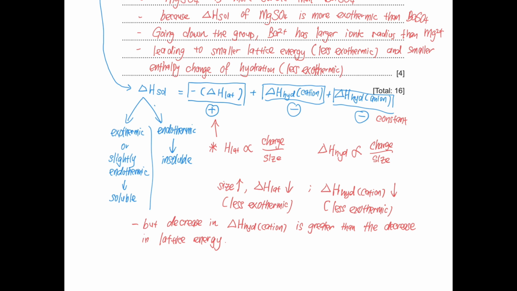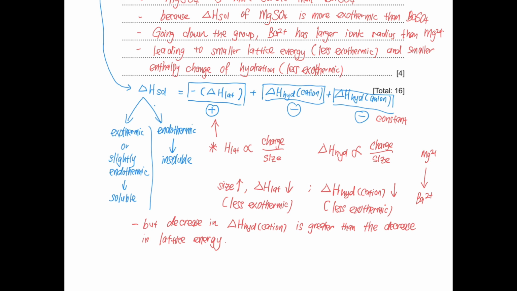It has individual values for cation and anion. So why is there a big decrease in hydration energy? Because if you look at the cation alone, magnesium 2 plus to barium 2 plus, it involves a very big change in size.